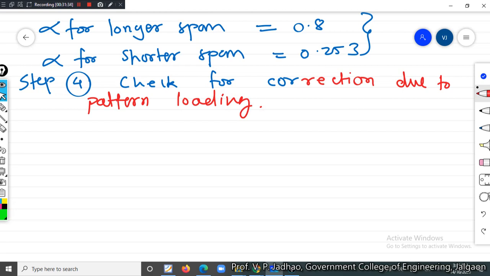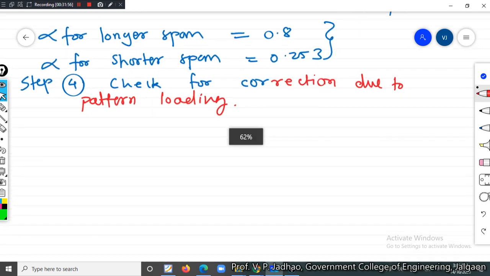Now what happens, you can see there are different values of dead loads and live loads. In this direct design method, the moments are found out by considering all the panels loaded with dead load and live load.